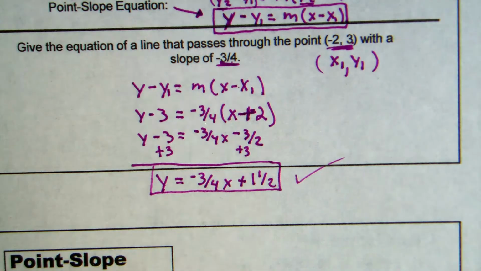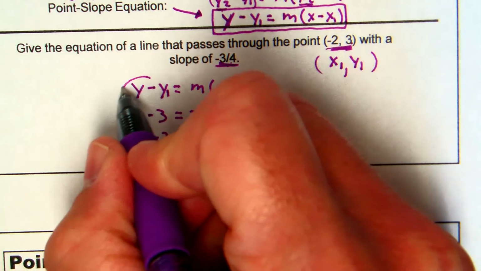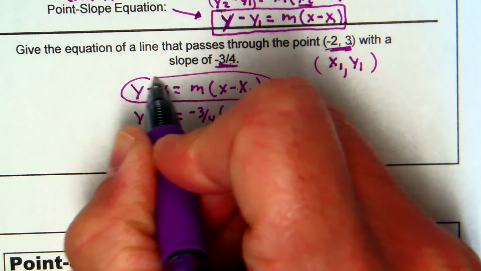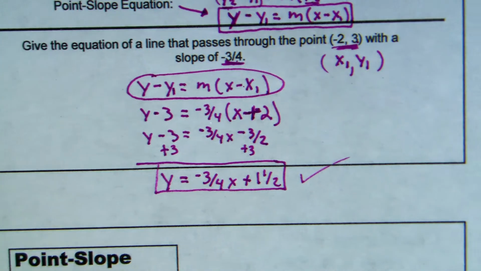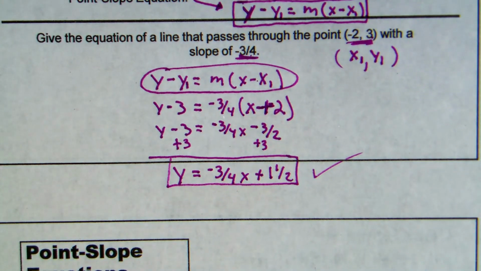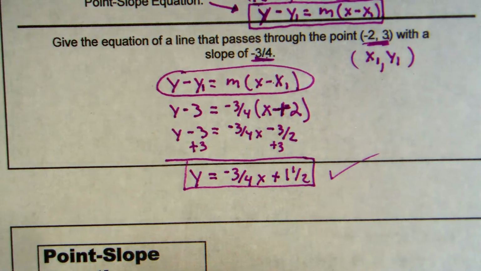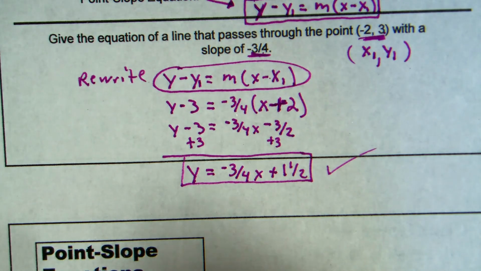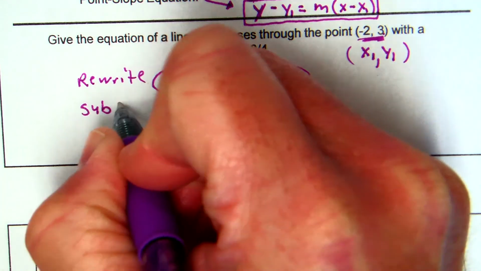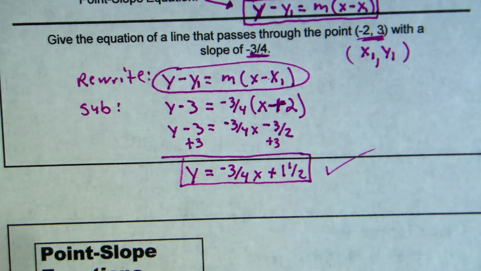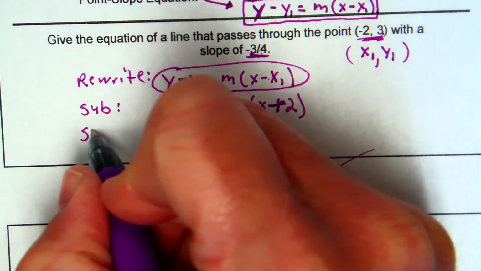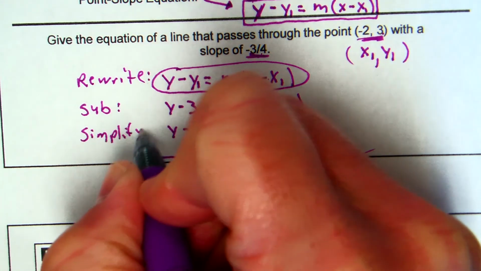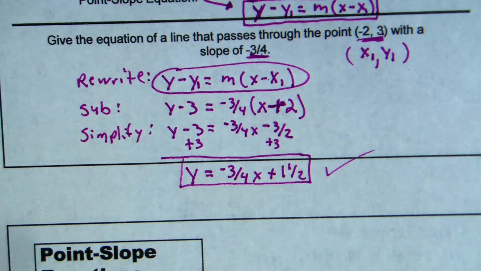I like this formula because once I have it memorized, all I have to do is plug in numbers and I get the correct equation every single time. Notice I did follow good math practice in that I rewrote the original problem, I substituted the values in that I know, and then I simplify it to the form I'm looking for.